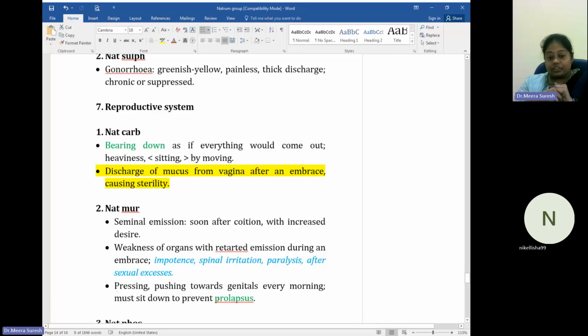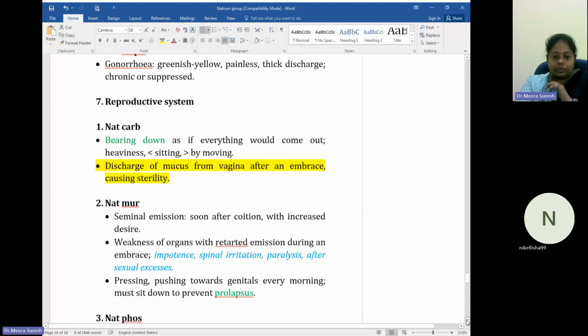But here they actually have amelioration from sitting down to prevent prolapse. So prolapse is there in natrum carb and natrum mur, but in natrum mur they have to sit to prevent the prolapse, and in natrum carb sitting is an aggravation. They have to move about. But natrum being prescribed for prolapse is very rare. We mostly go for medicines like Sepia, Murex, then Helonias.